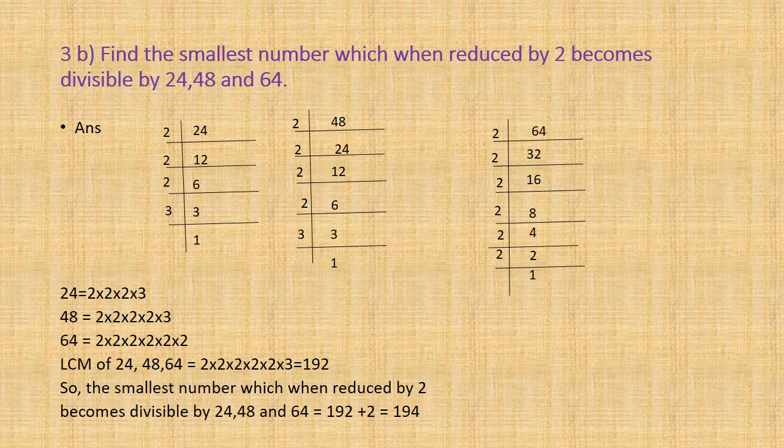As you can see, 192 is fully divisible by 24, 48 and 64. So the smallest number which when reduced by 2 will be 192 plus 2. So 194 will be the smallest number which when reduced by 2 will become divisible by these three numbers. So our answer will be 194.